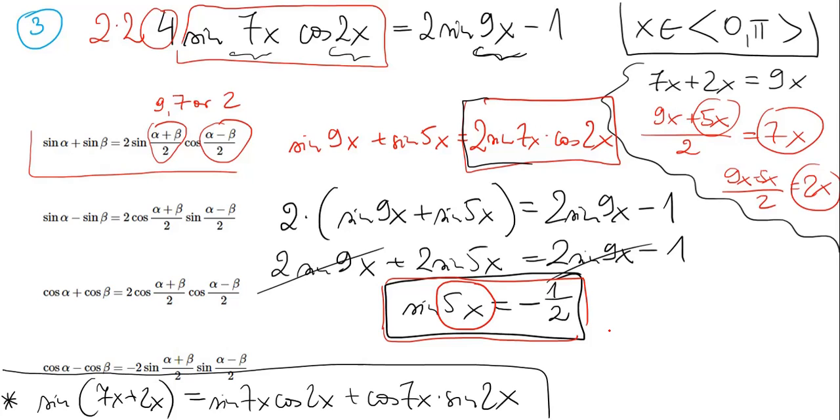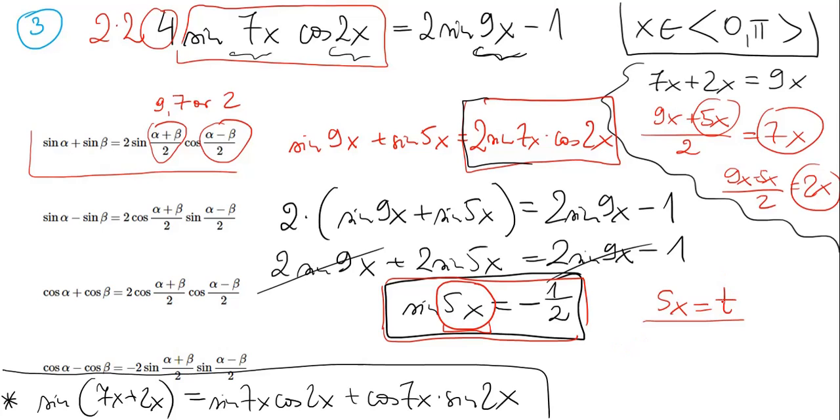Okay, so as you can see, we subtract 2 sine 9x and we get sine 5x equals negative 1/2. As I told you, I solved this equation in video number 2, so to see the answers, you can go there and check your answers.